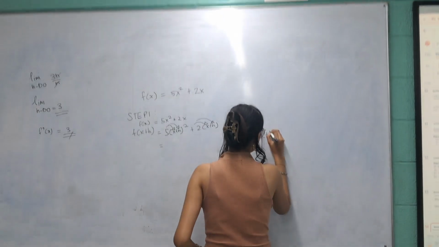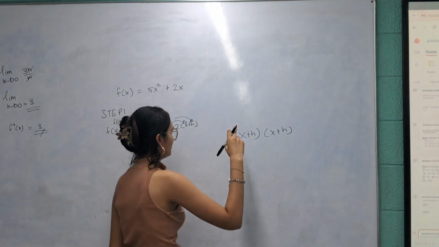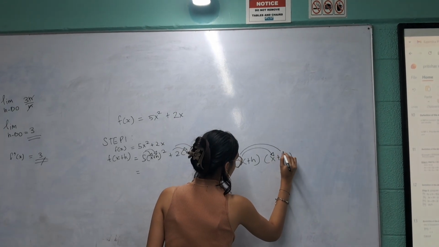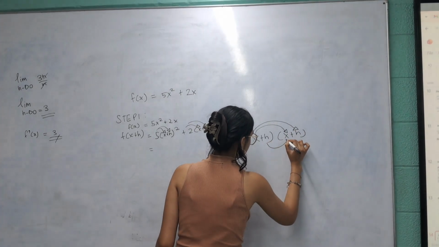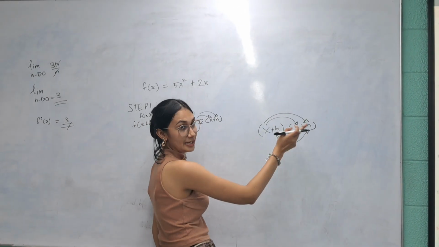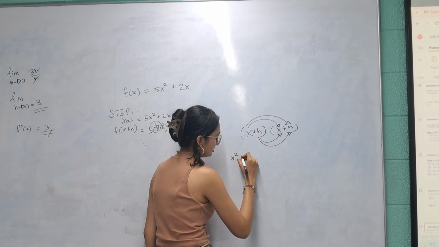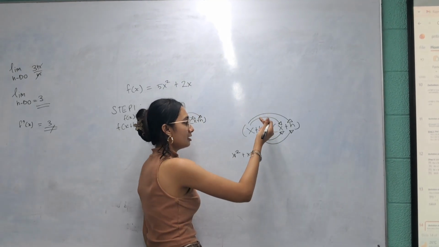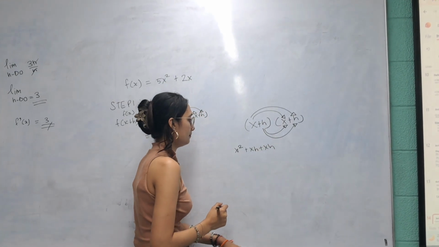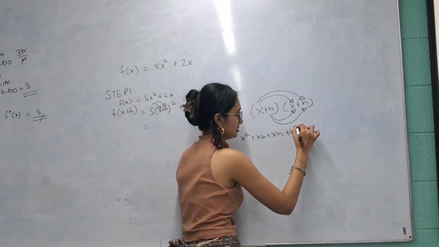So x plus h squared will be the same as x plus h multiplied by x plus h. So x times x will give us x squared, x times h will give us xh, x plus h times x will give us xh, and h times h will give us h squared.